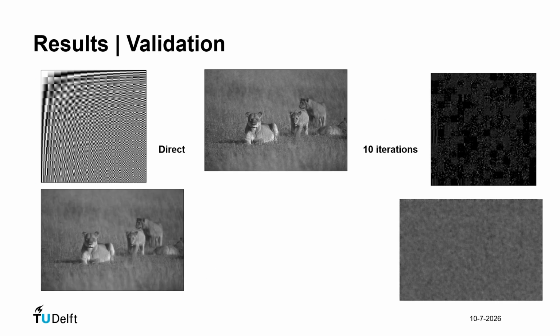And that brings us to the results. We will start with the validation of the model, and we can see here in the middle a noisy image with 5 gray levels of noise variance.